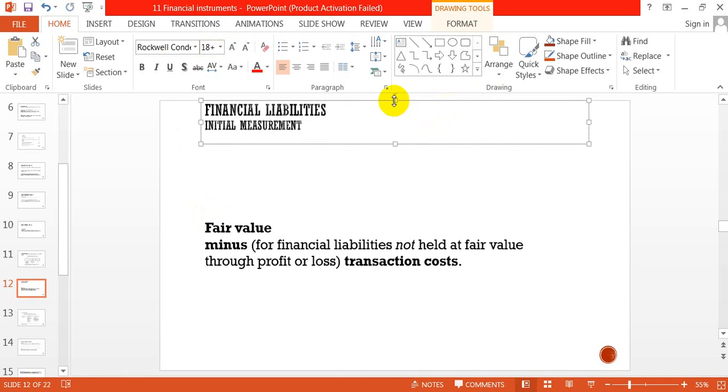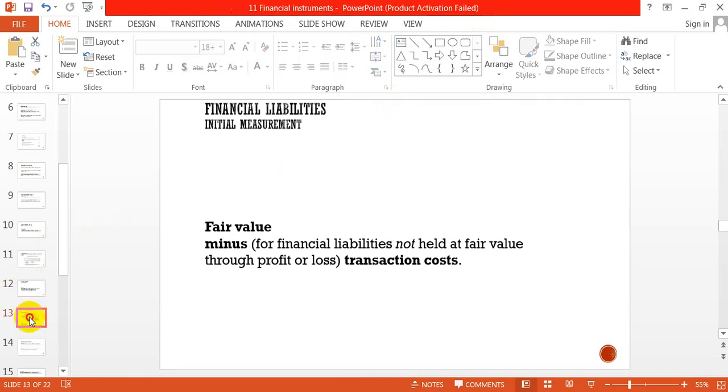At initial measurement, the financial liability is measured at fair value minus transaction costs. You need to distinguish between a financial asset and a financial liability. Financial asset is plus, financial liability is minus transaction costs.